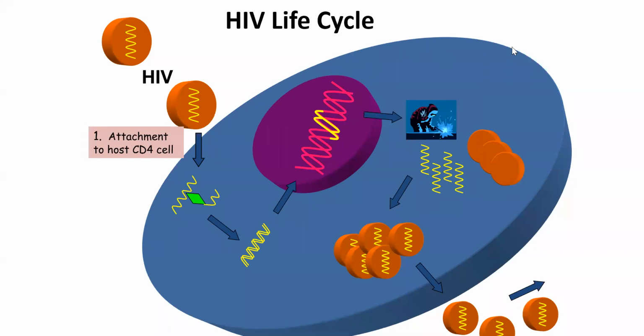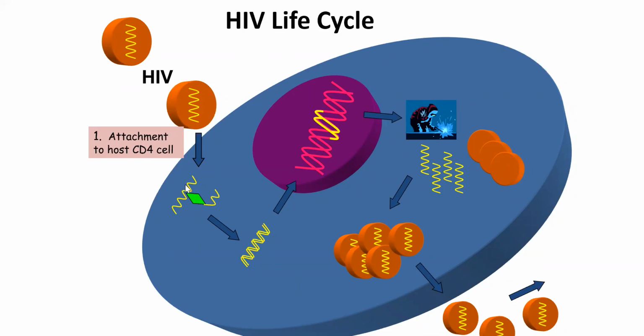That's why I gave you that slide on the immune system, because I wanted you to appreciate that for the HIV virus to multiply, it uses the CD4 cells. And the first step in the HIV life cycle is that it attaches to the CD4 cell.